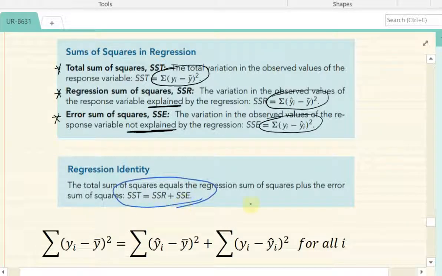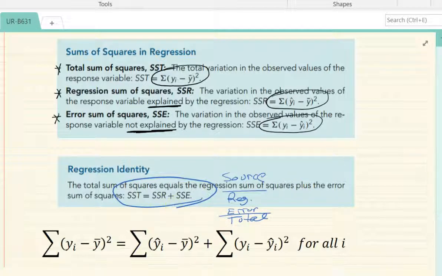That's why in your Anova you have the row that's regression, and then you have error, and then you have total, remember, and this was source, something like that. It's because of this identity.